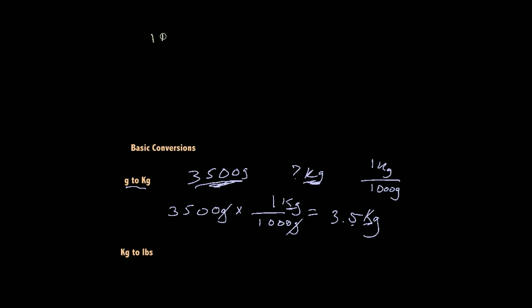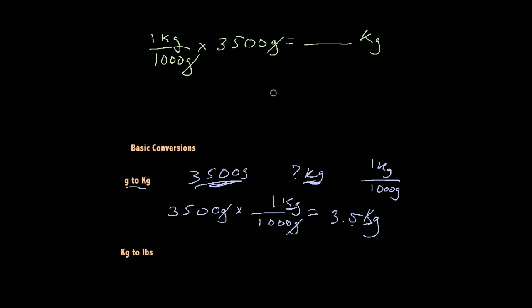I could have done 1 kilogram over 1,000 grams times 3,500 grams equals blank kilograms. Now I know this equals blank kilograms because my grams here cancels out and my grams here cancels out. You can do this either way, especially whenever you start putting in 4, 5, 6 conversion factors to get to your final answer.